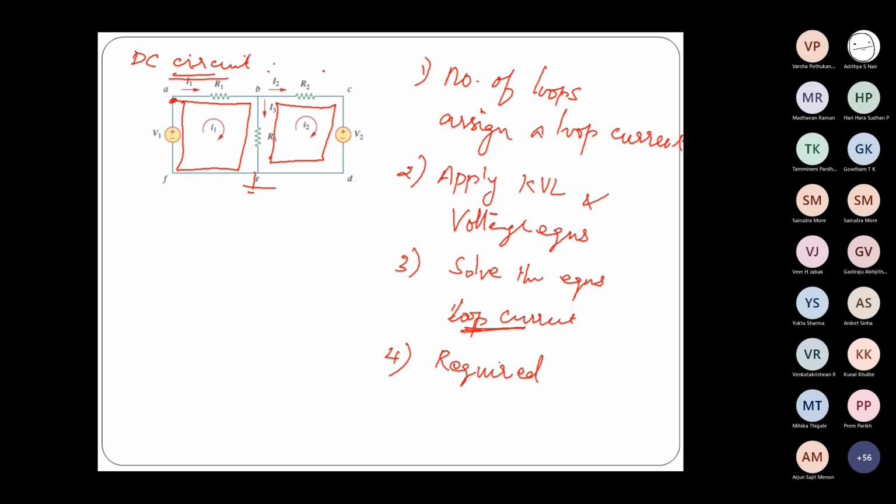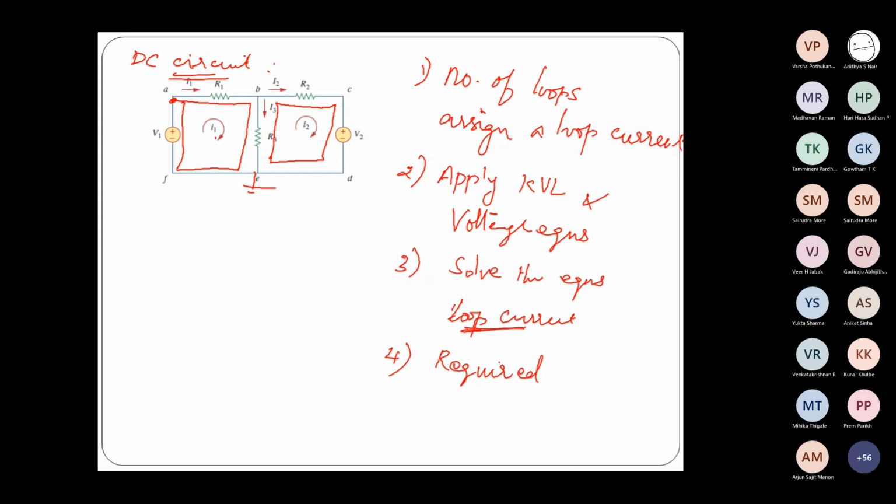Okay, so we are able to identify two loops in the given DC circuit. Then we have to assign a loop current. How do we assign a loop current? Let us go for a clockwise current direction.